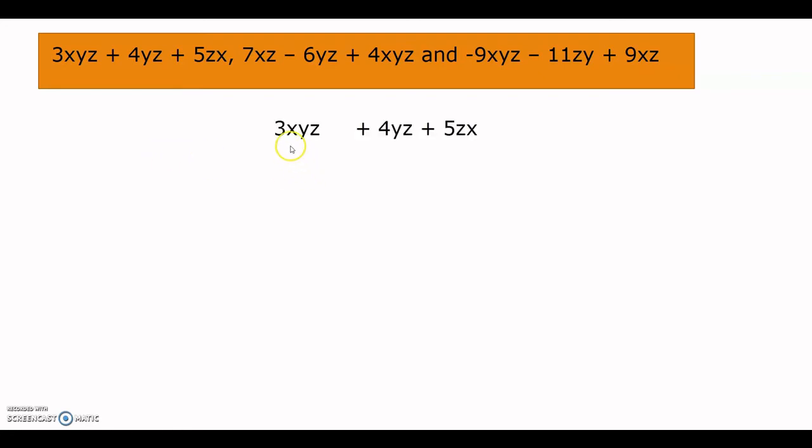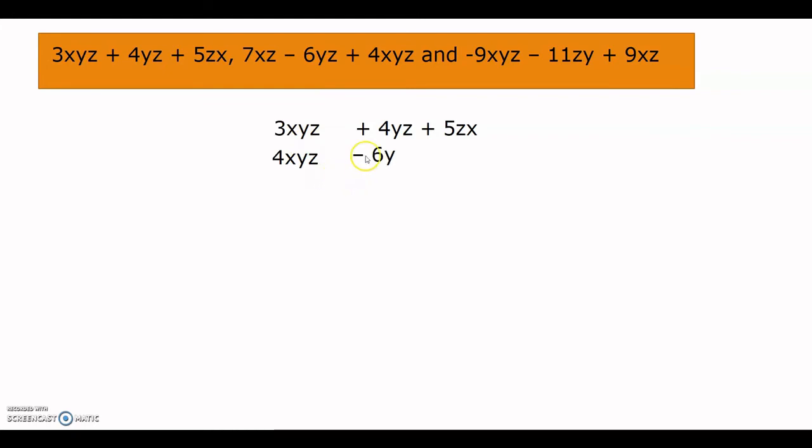So here we have 3xyz plus 4yz plus 5zx. Next, we will combine like terms. So here in the second set of trinomials, we have 4xyz. So we will put it under the same variables, which is 3xyz.